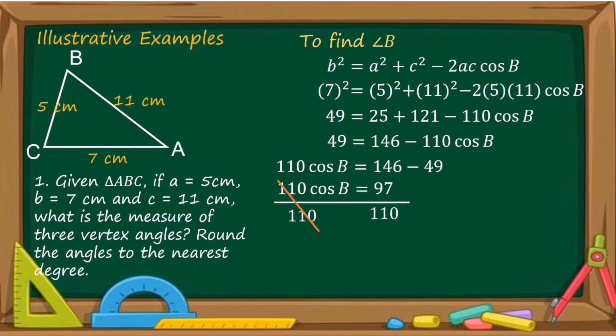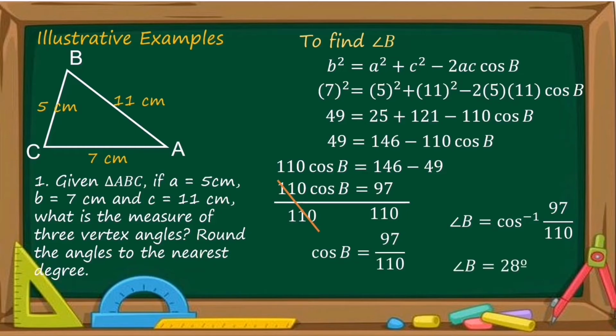So our equation will now become cosine B is equal to 97 over 110. In order to compute for angle B, we need to get the inverse cosine of 97 over 110. Using our scientific calculator, our angle B is equal to 28 degrees.